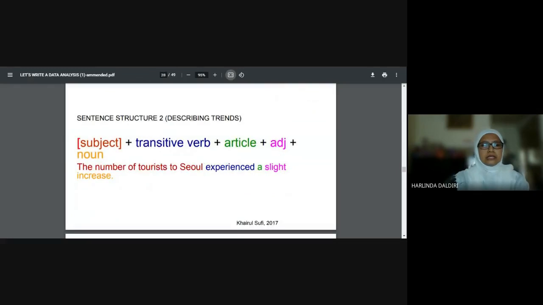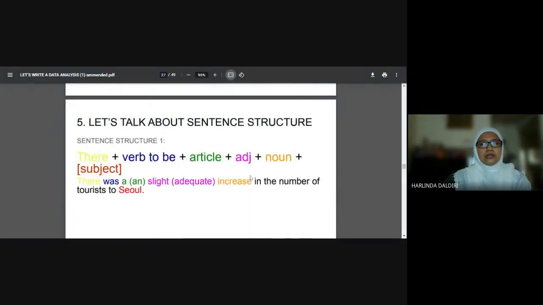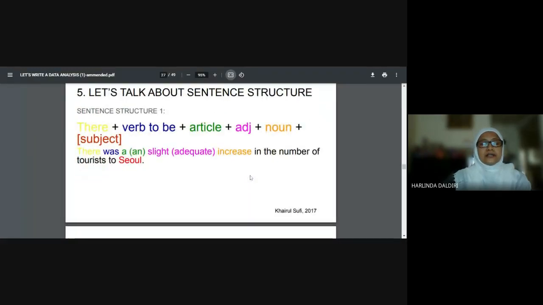Another one follows subject, transitive verb, article, adjective, and noun: the number of tourists to Seoul experienced a slight increase. They are two different structures, but they are talking about the same thing. Let's look at this again: there was a slight increase in the number of tourists to Seoul.